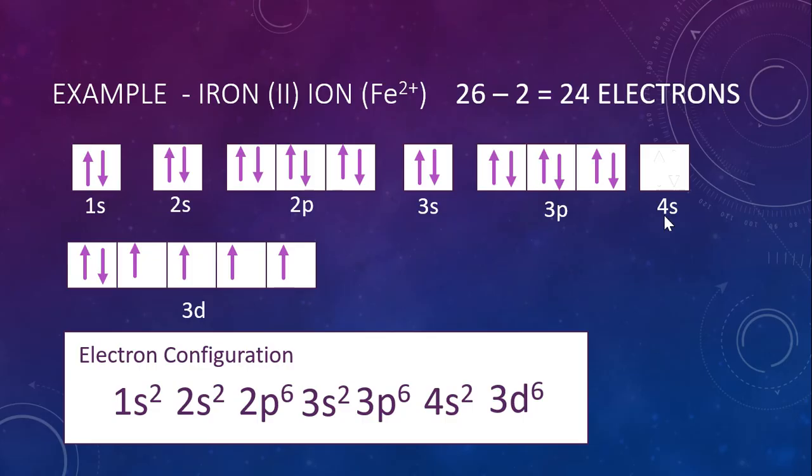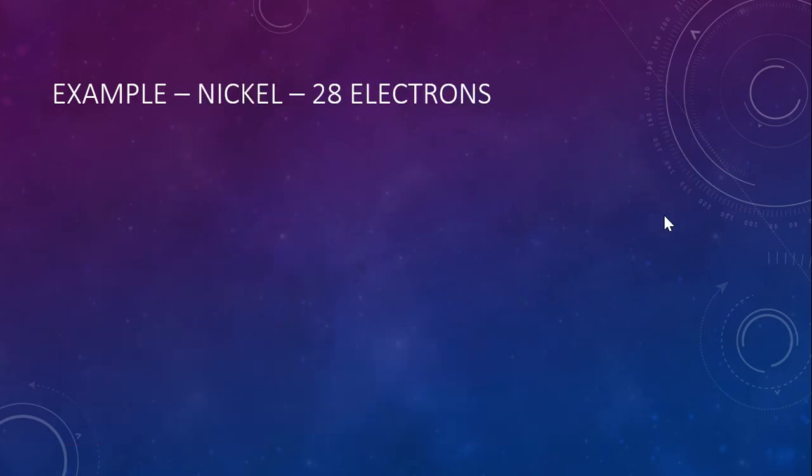So now I got rid of this 2. So there's now no longer going to be a 4s. So we get rid of the 4s, we move over to the 3d, and this is the electron configuration for iron +2: 1s2, 2s2, 2p6, 3s2, 3p6, and 3d6.